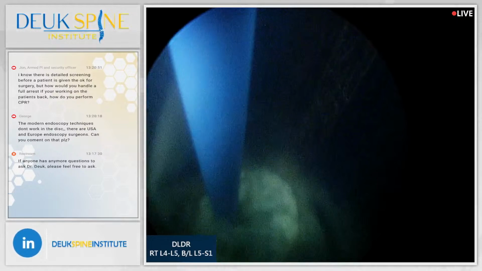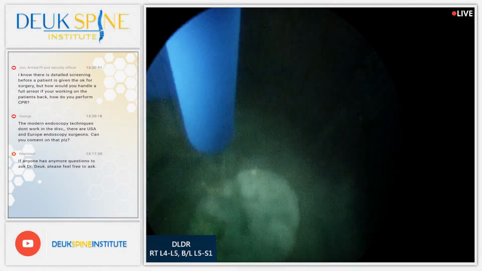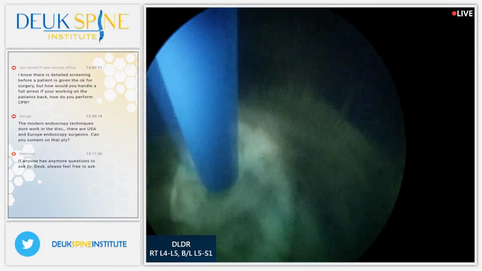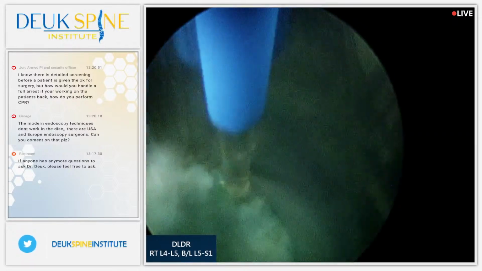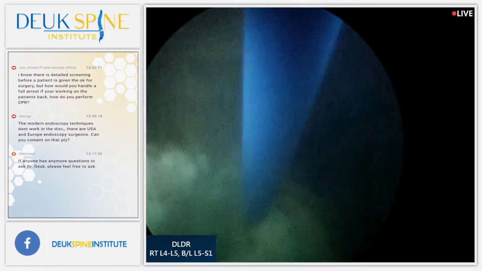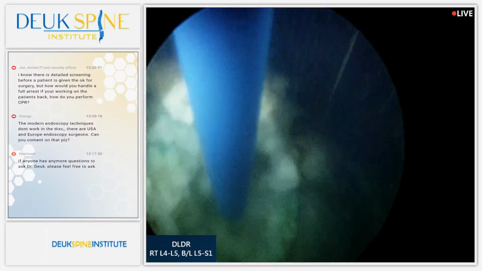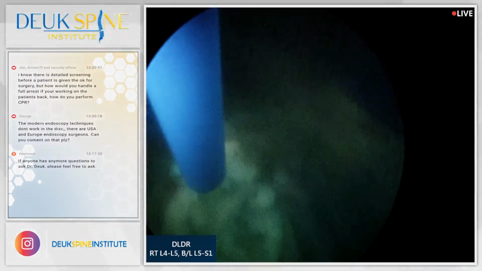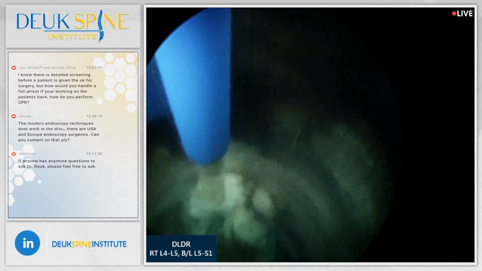They're doing a laminotomy, which they don't talk about, and really destroying your ligaments and bones, weakening your spine. This technique is the best of all, but it cannot be done by everybody. You have to be a very, very good surgeon, the best of the best in the world, to be able to do this technique. And that's why I do it, because it's the best for the patient, and I am a very good surgeon.